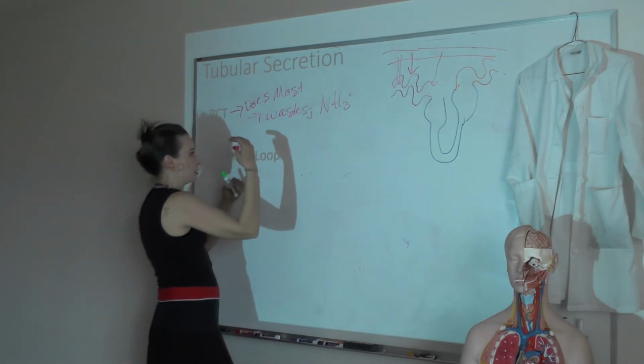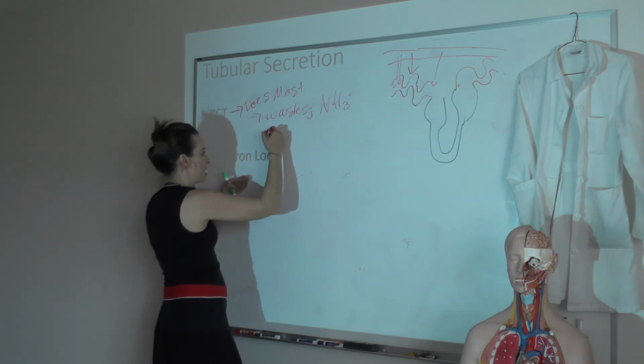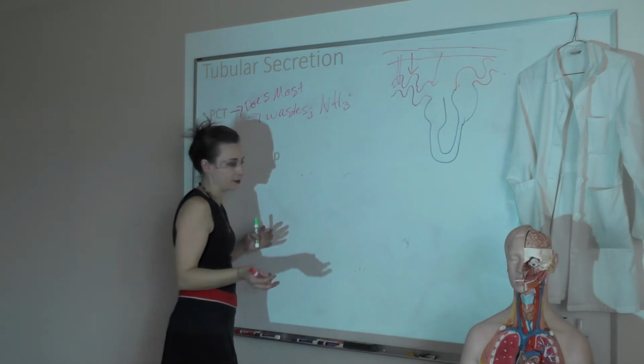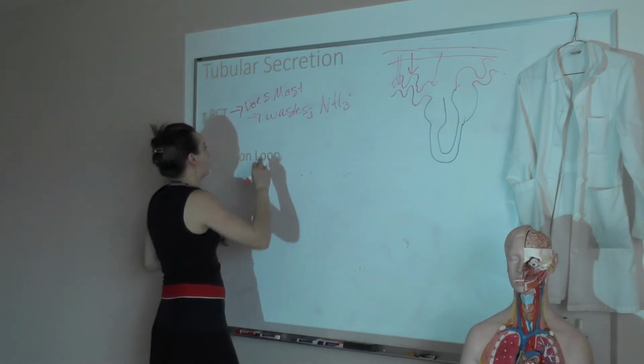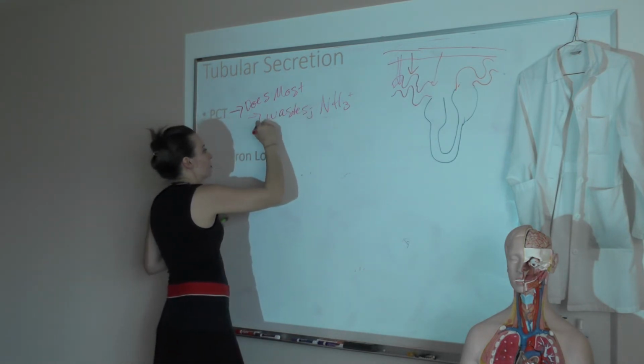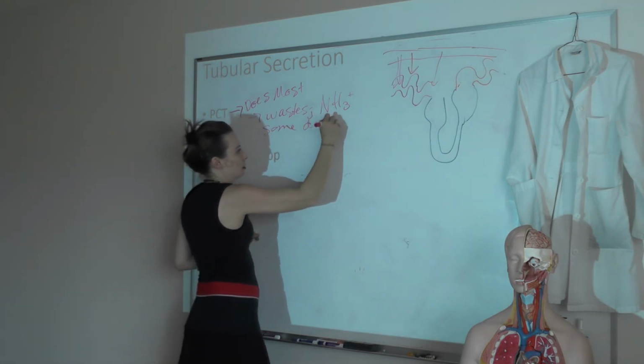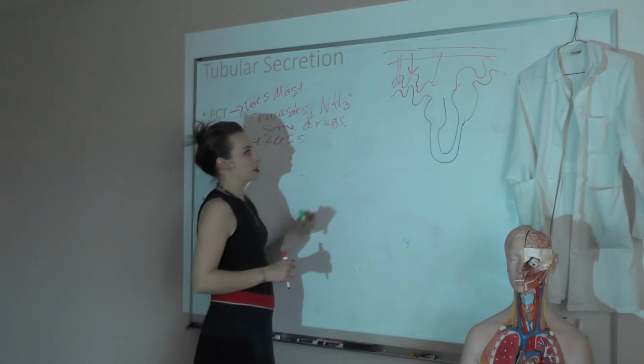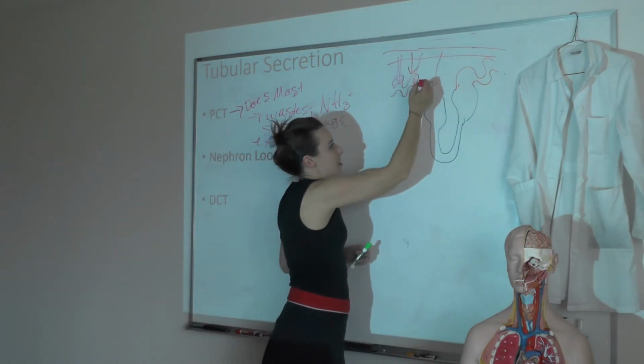Depending on what's going on with need, we could secrete urea here. We could reabsorb urea here also. There's this whole urea recycling thing that we're just not going to have time to deal with right now. So other things that we would pull out: some drugs, anything in excess. That's really going to be the goal, is to pull it out of the blood and concentrate it.